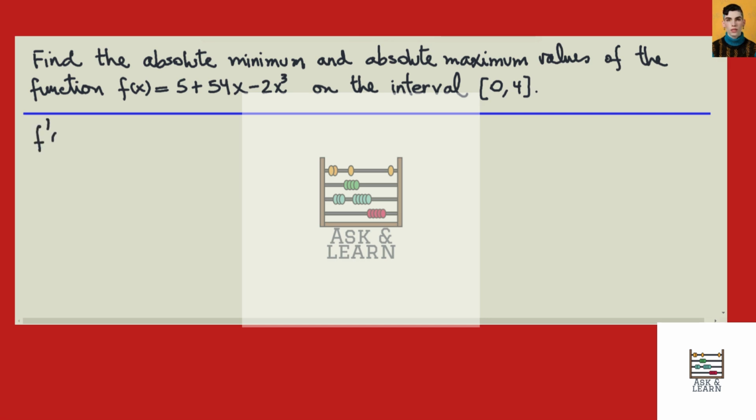So we find the derivative of this function in order to find the critical numbers, and this is 54 minus 6x squared. And this derivative exists for every x in the interval 0, 4.